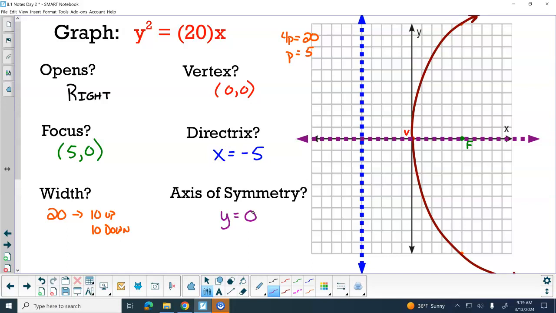So you should have your vertex on your graph with that little v. You should have your focus on the graph with a little f. You should have the parabola, and you should have the two lines drawn in, dashed, not solid, because they are like asymptotes, but not really. Questions, comments, concerns, clarification?